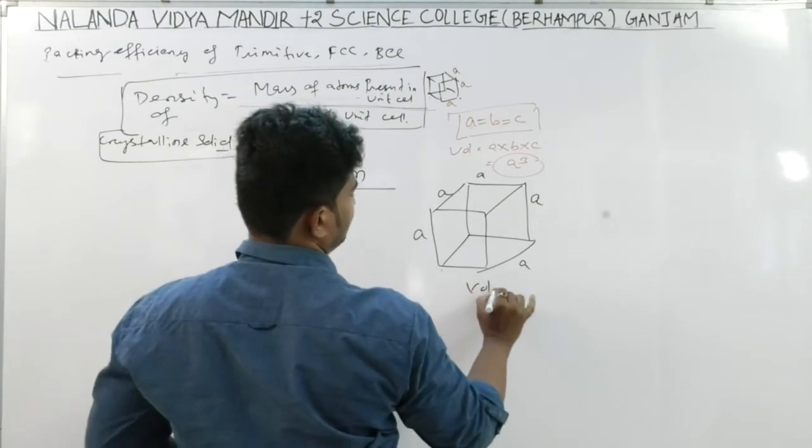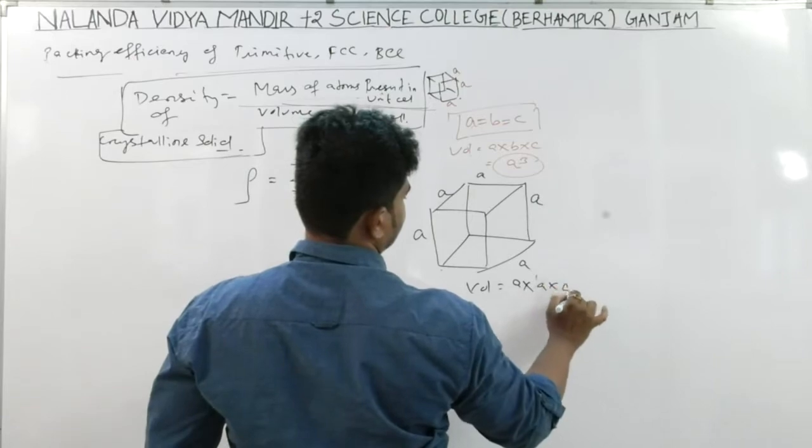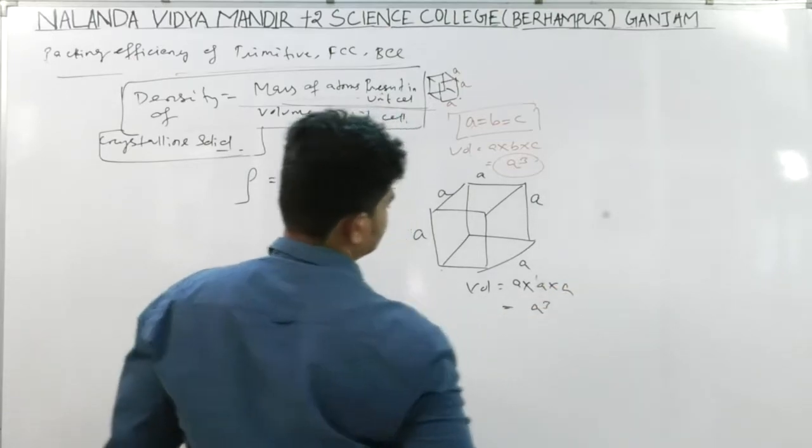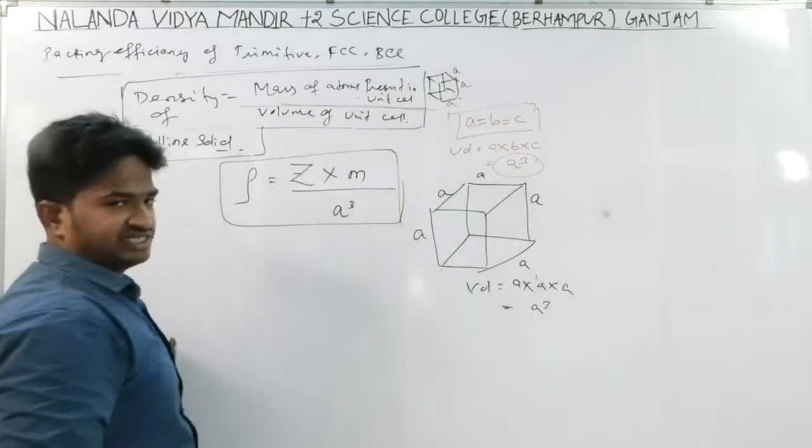So the volume will be a into a into a, that is a cube. This is the formula for density.